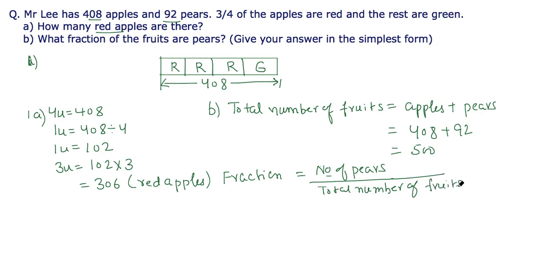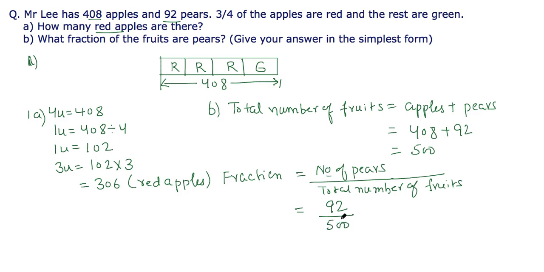Because we want to know, of all the fruits, what fraction is pears. So in the numerator is the total number of pears, 92, and the total number of fruits is 500.